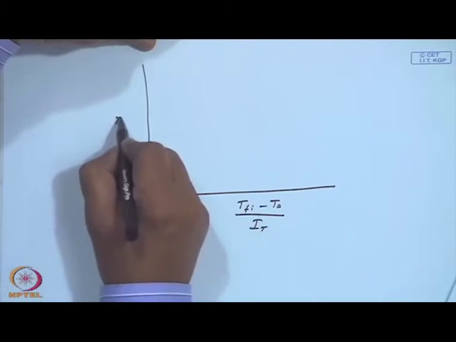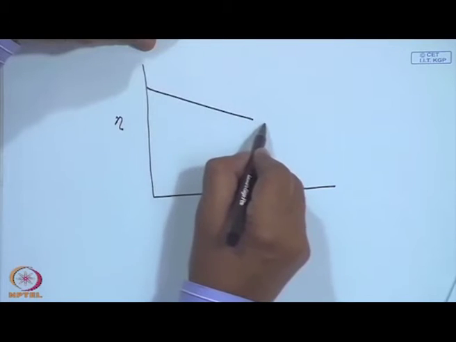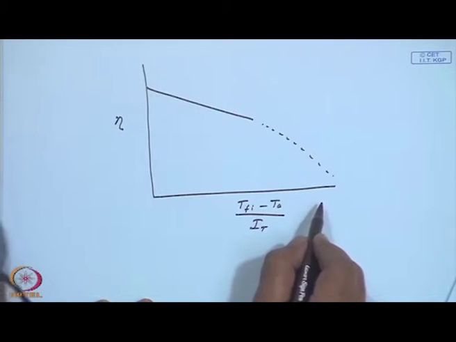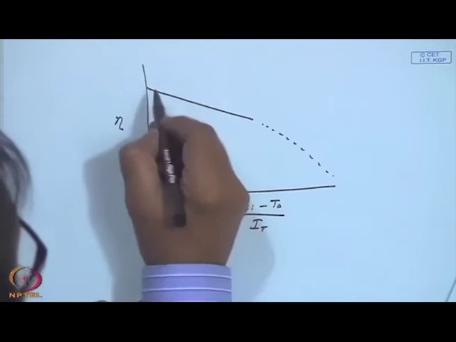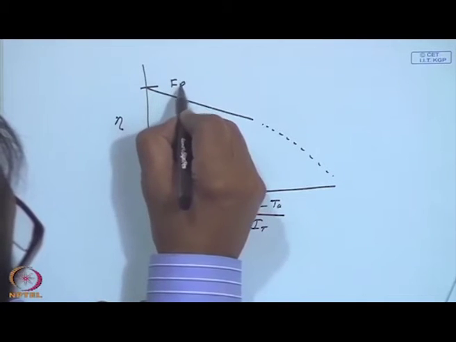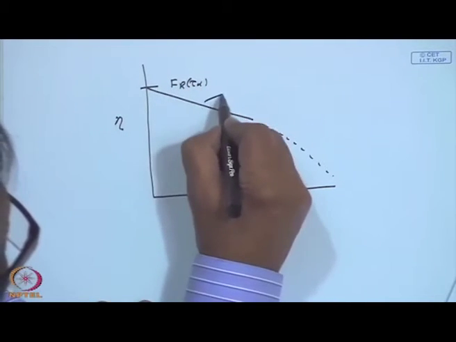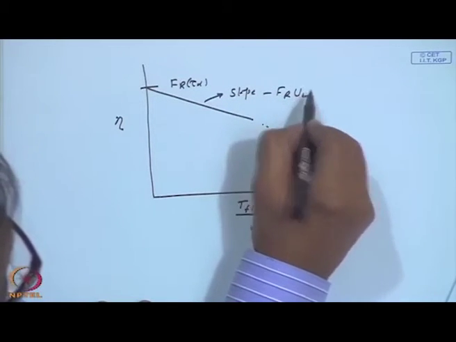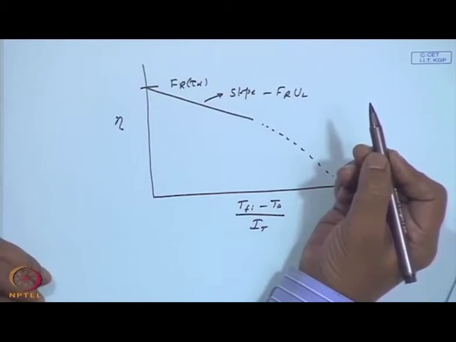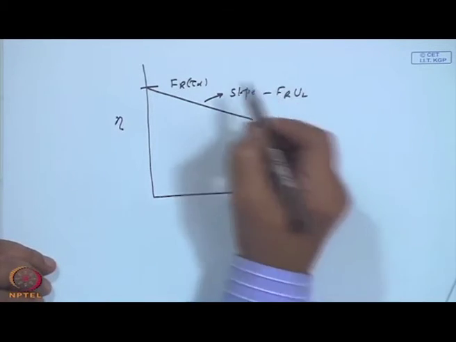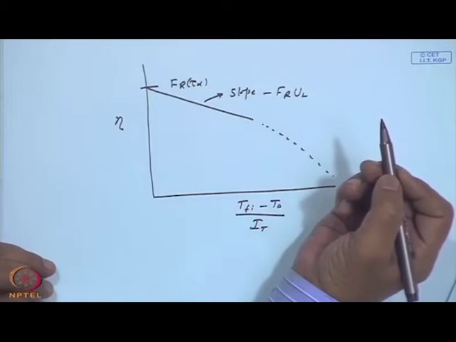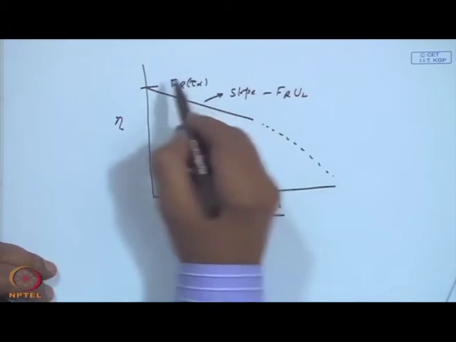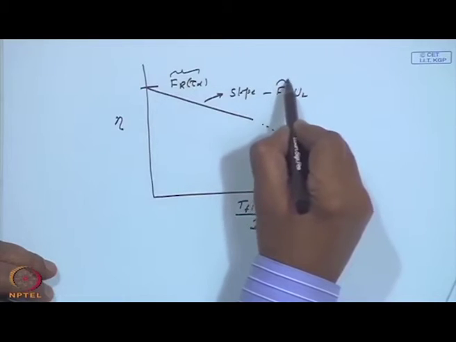Of course, this is beyond the operating condition, it may not be a linear variation anymore, and so this is typically F r tau alpha, and the slope of this line will be minus F r U L. So, you conduct the efficiency test and you will have the collector parameters F r tau alpha and the slope F r U L. Though there are 3, F r, tau alpha and U L, they occur only in pair of F r tau alpha and F r U L throughout this course or in general in solar energy.